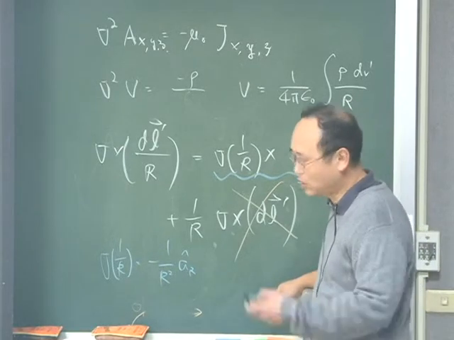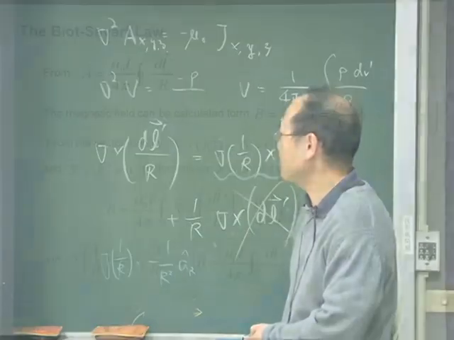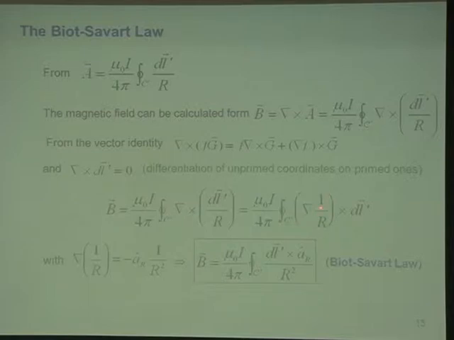Okay, so once you have this, you can decompose this expression into this expression. Okay, and this is called the Biot-Savart Law. This equation allows you to derive the expression for the B field through this kind of distributed integration.